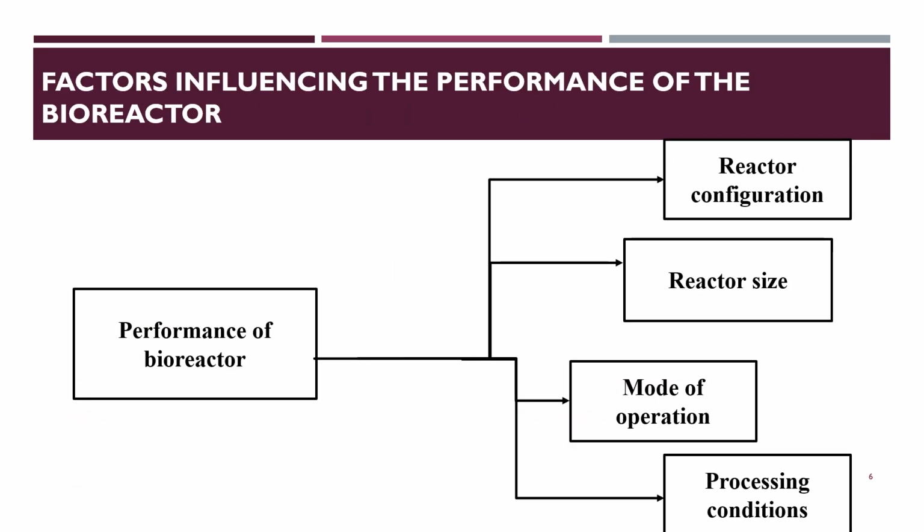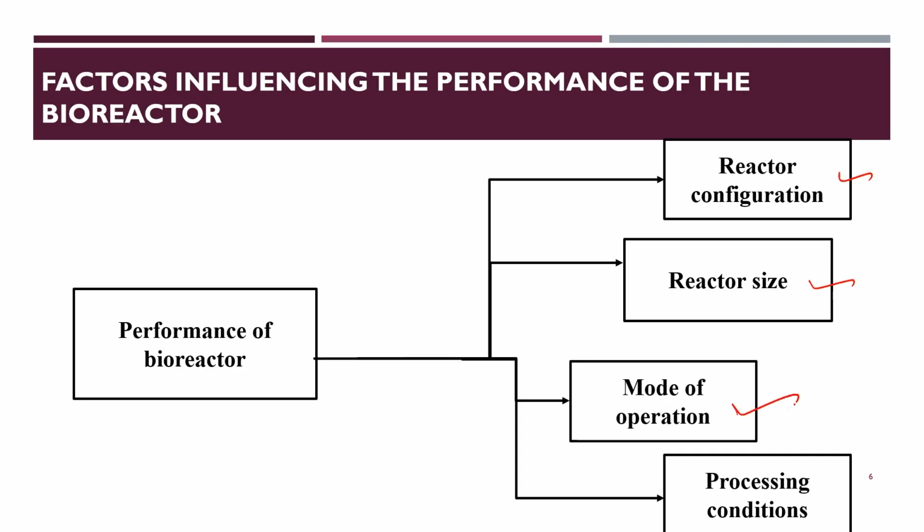When we discuss the factors that influence the performance of a bioreactor, first comes the reactor configuration. Second, what is the scale? Is it lab scale, pilot scale or industrial scale, and for industrial scale, what is the typical size, whether it is in the thousands of liters or lakhs of liters.